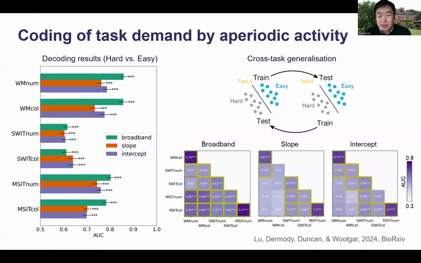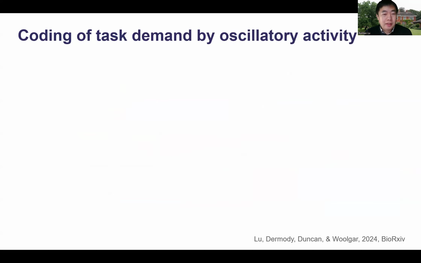So we think broadband power might be the best candidate on the lines of MD network or MD activation. We also looked at the source localizations, and it seems for aperiodic activity, the source patterns are quite broadly distributed, which is similar to the MD patterns.